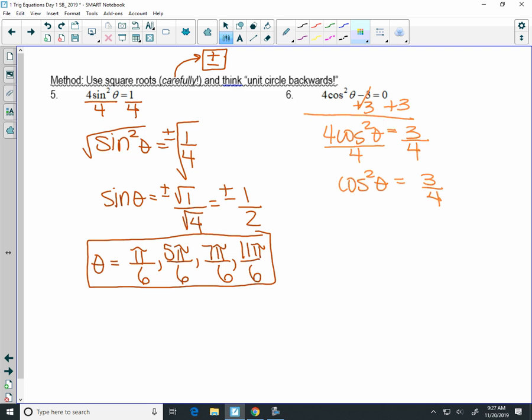If it helps you to remember how to work with that fraction, do square root of the top, square root of the bottom right away, just so you don't forget to square root the bottom. You can absolutely do that. Square root of 3 over square root of 4.